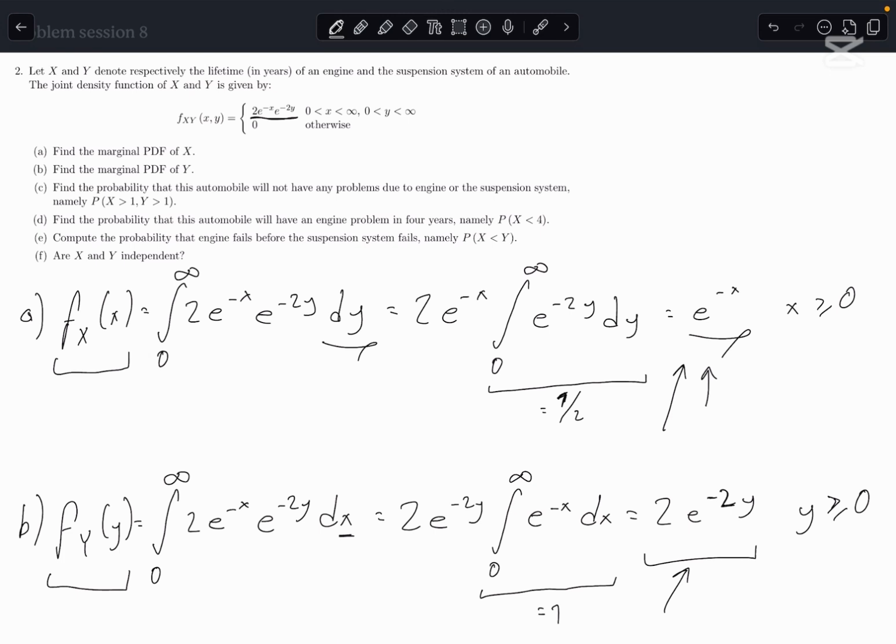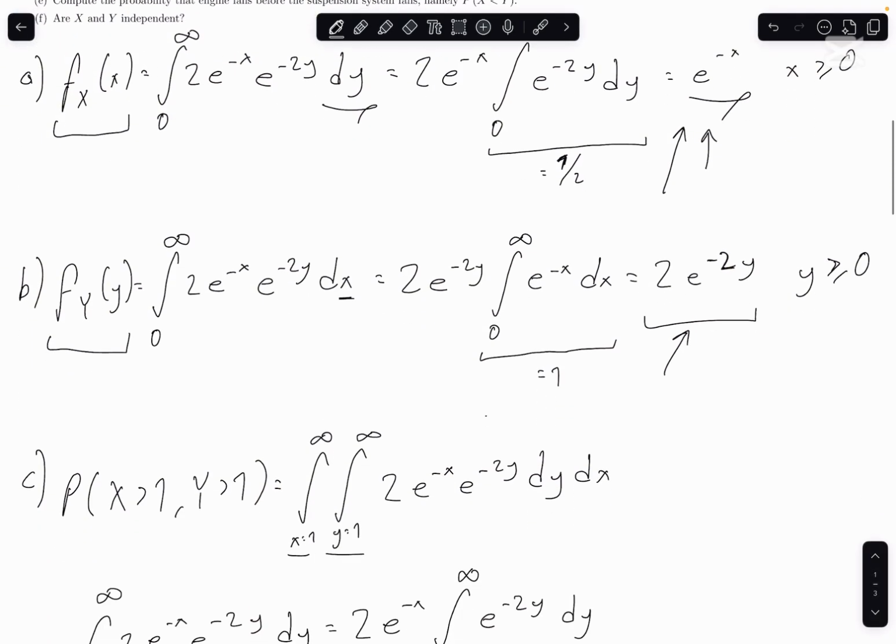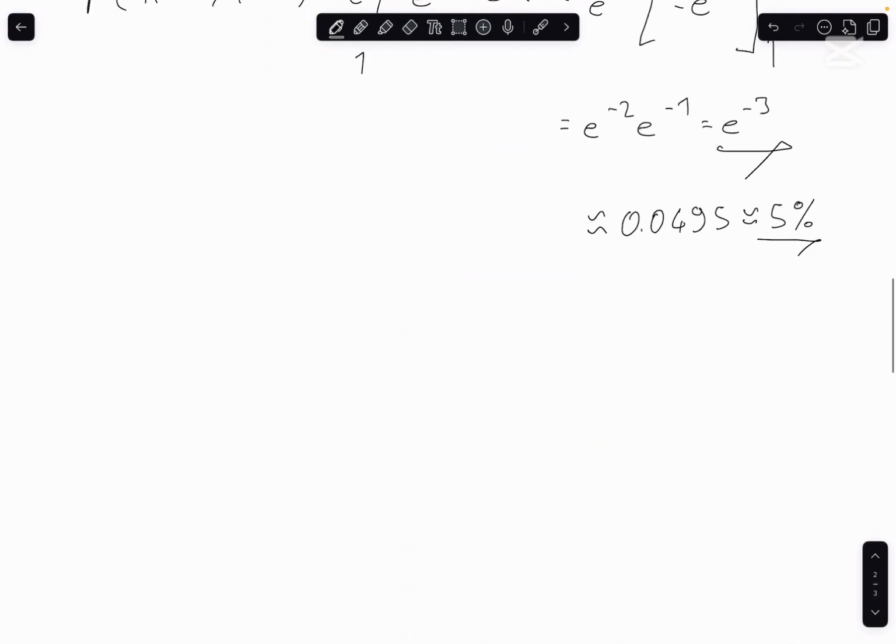Part D. Find the probability that this car will have an engine problem in 4 years, namely the probability of x less than or equal to 4. To find the chance the engine fails within 4 years, we start with its lifetime PDF, and it was e to the power of minus x for x greater than 0.